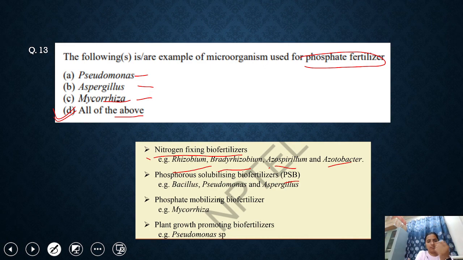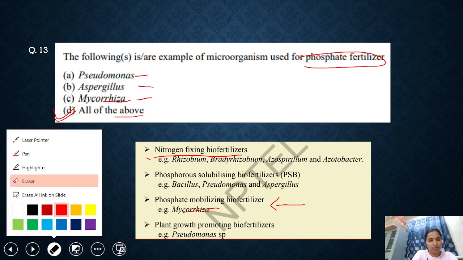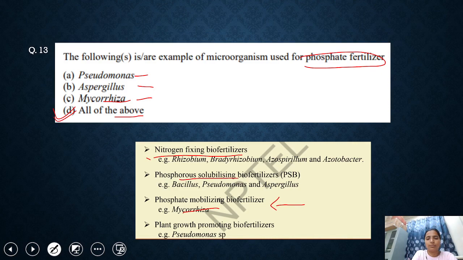From this you can see that Pseudomonas and Aspergillus are used in phosphorus solubilizing biofertilizer, and mycorrhiza is used as a mobilizing biofertilizer. So you must know how these two are different. Although they do a similar type of work, providing phosphate to the plant, they do it through a different pathway.